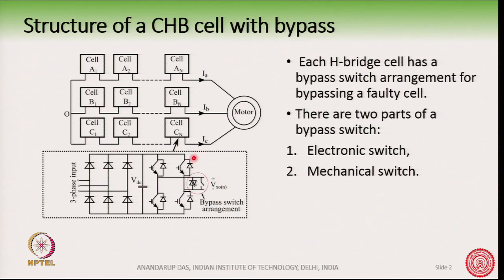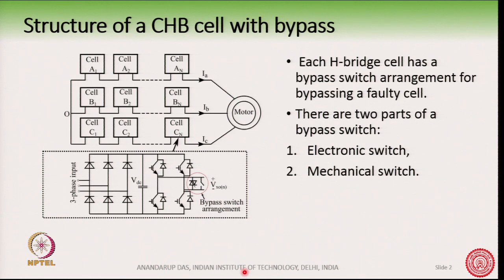What we did not show earlier was that each cell output has a bypass switch arrangement. The bypass switch arrangement is used to bypass the cell in the event of a fault.